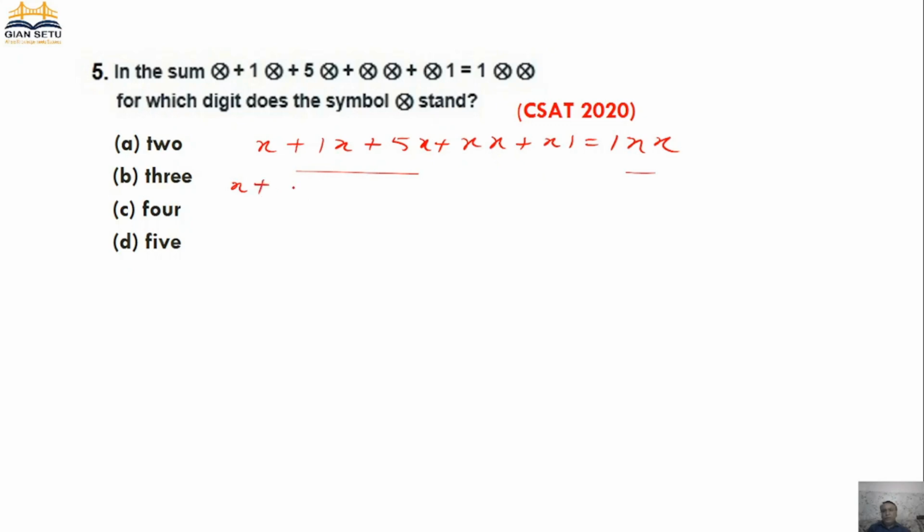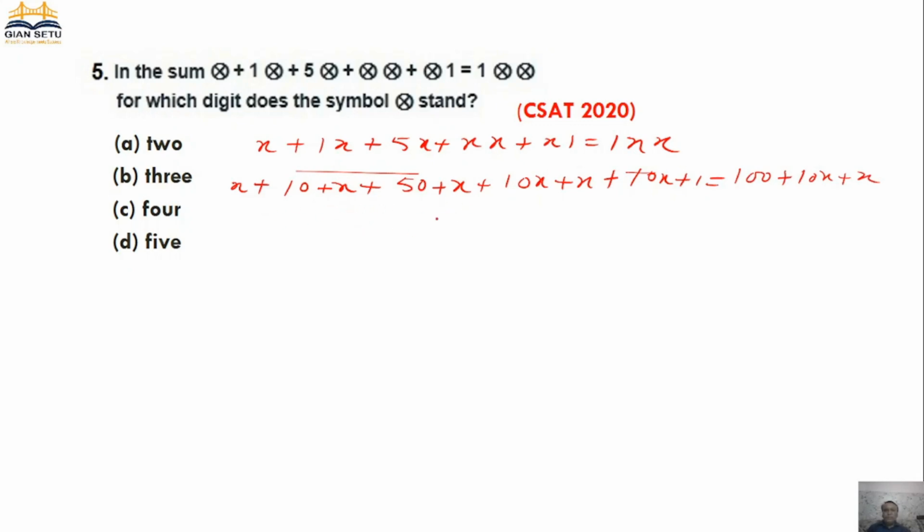It will be x, it will be 10 plus x, it will be 50 plus x, it will be 10x plus x, and it will be 10x plus 1, it will be 100 plus 10x plus x. Now let's count x terms on the left hand side.